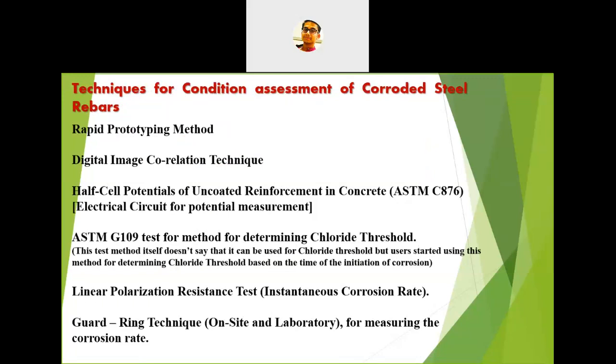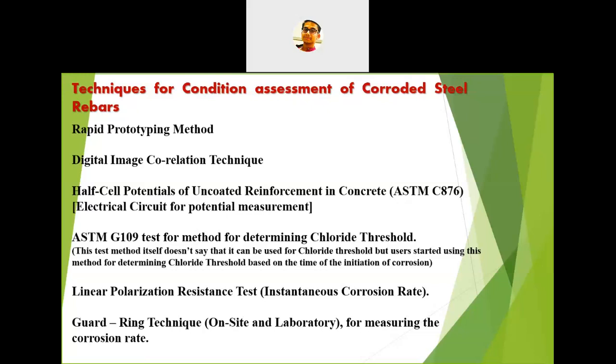After the black paint, we can sprinkle some white paint, and we can place the specimen in front of a high resolution camera, and we can do the tensile stress test. If we take multiple images, we can see how the pixels are changing and moving due to the action of the load. Like that we can also judge what is happening at different points in a corroded steel bar.